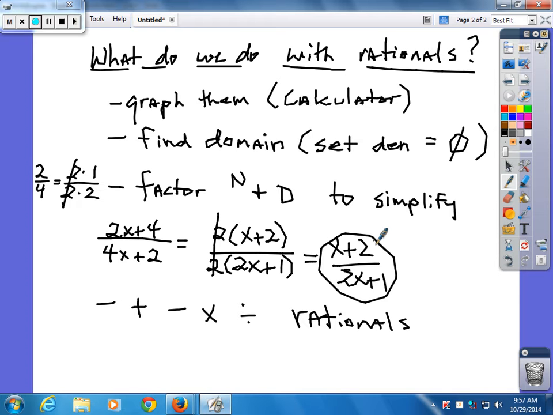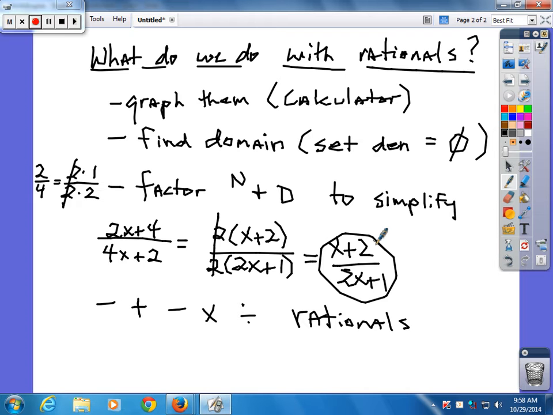What is 1 plus 2? 3. And what is 2 times 1 plus 1? 3. What's 3 over 3? Still the same answer. Is this the same as this? This is 0.5. What is this? Same answer. All you're doing is cutting away the fat, taking away the extras.